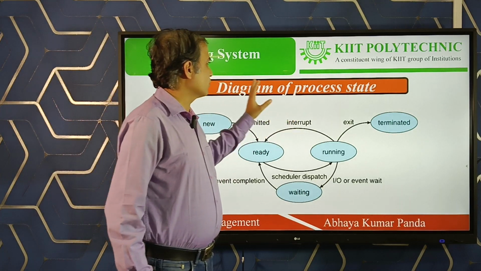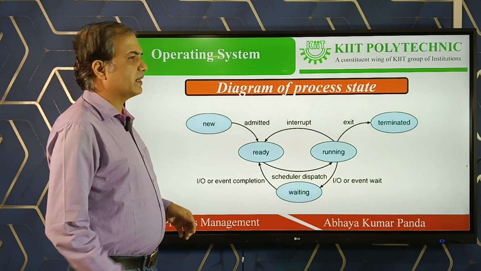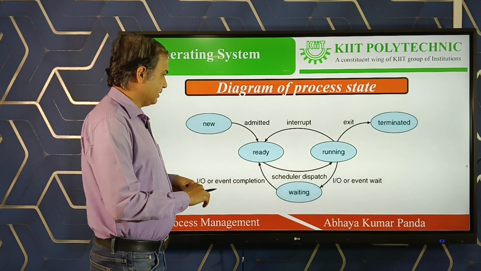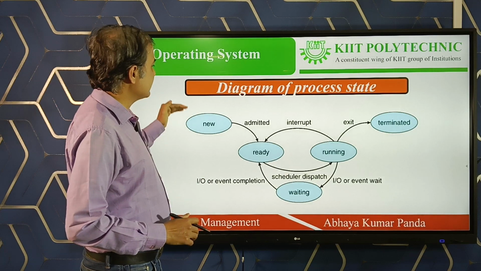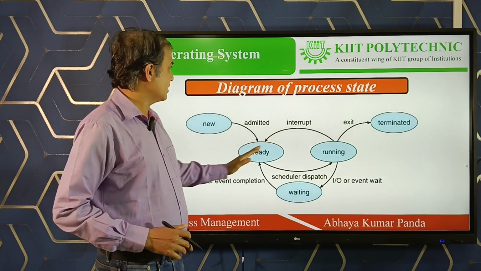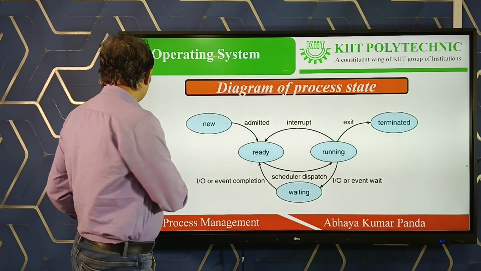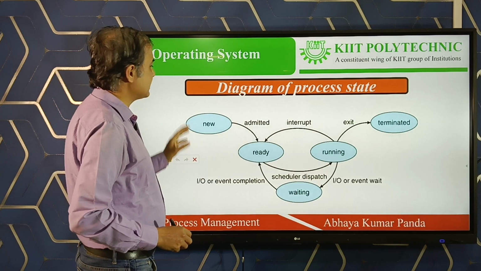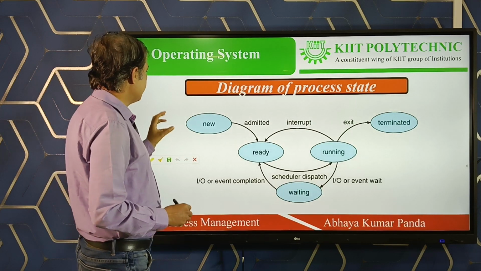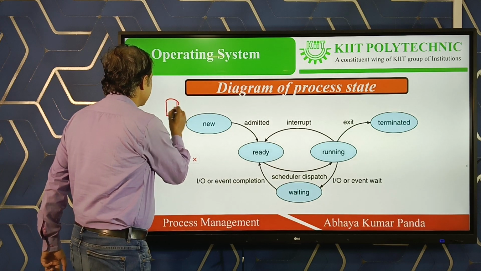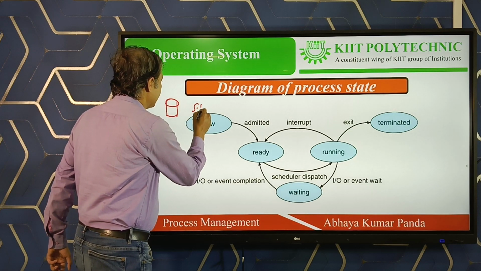Now we will discuss the process state. When a process is executed in the CPU, it passes through different phases or stages or states. This is known as the process state diagram. When a process is created, that is in secondary memory, then it is in the new state.